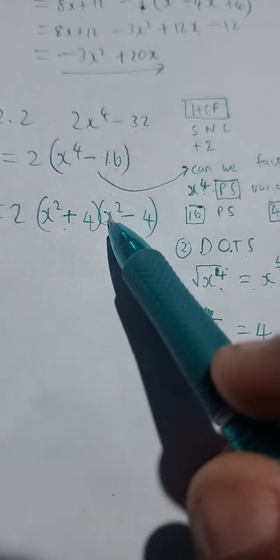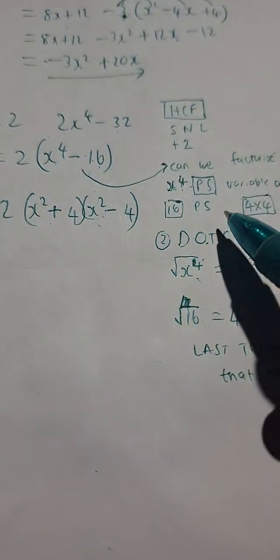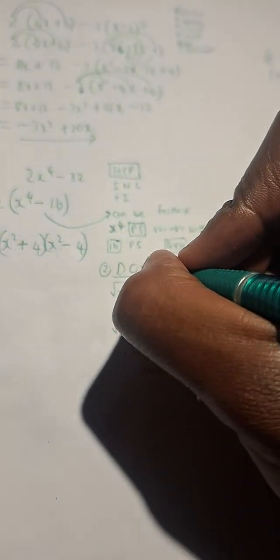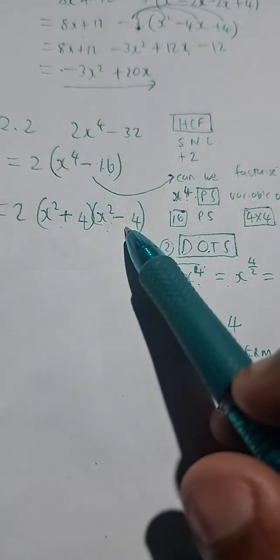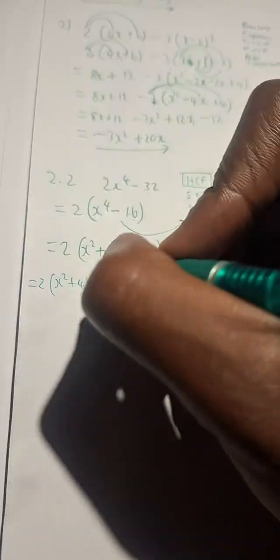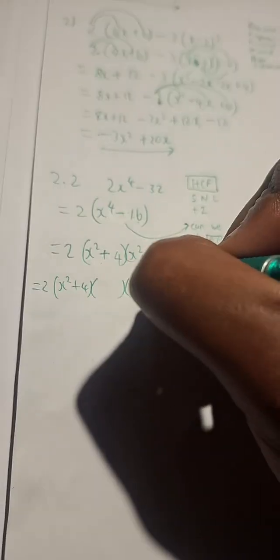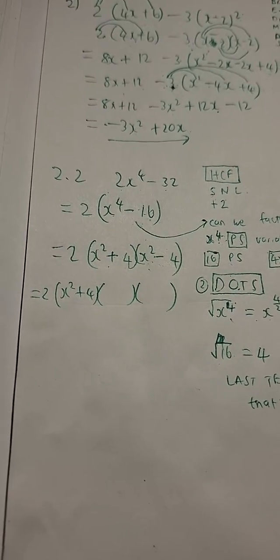We have a minus sign. What does that mean? It means we apply difference of two squares factorization to the second bracket. So I'm going to do this. We are going to retain and keep x squared plus 4. Then we are going to open 2 additional brackets.